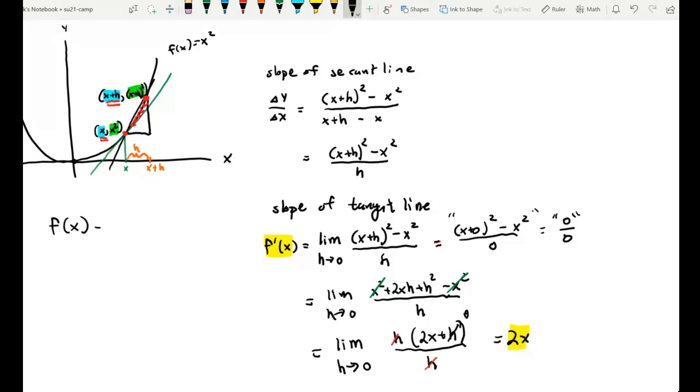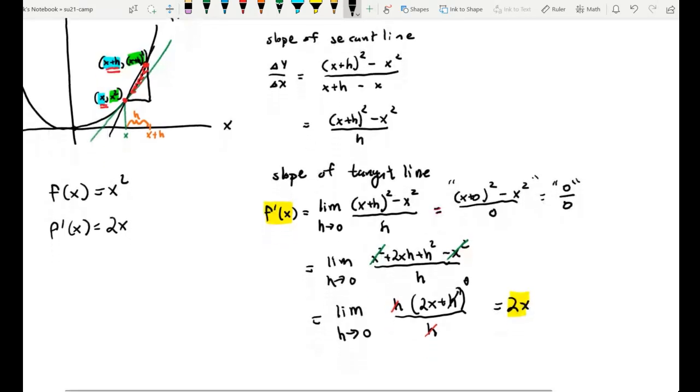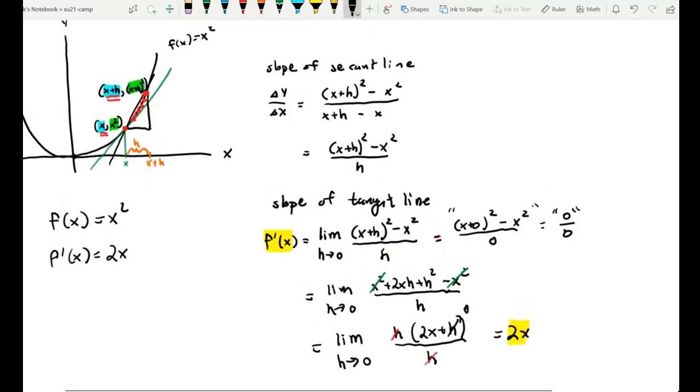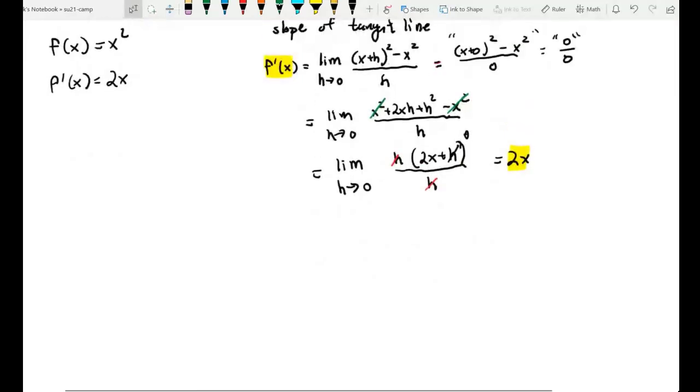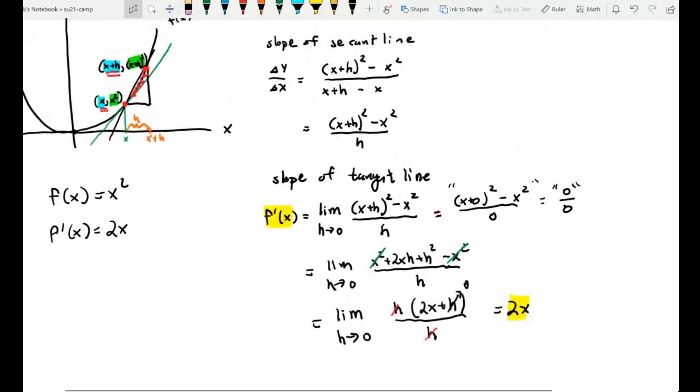So if your function is x squared, its derivative is 2 times x. It's a new function. Okay. Now, I'll go ahead and give you the rule for differentiating x to any power. I'm going to go ahead and move on unless you have questions about this problem.